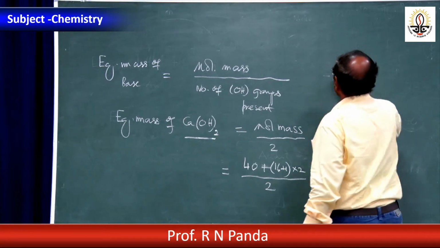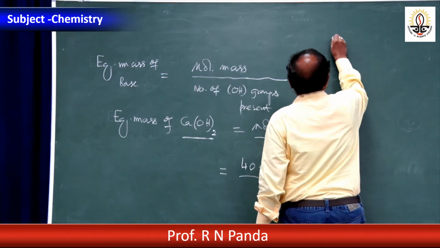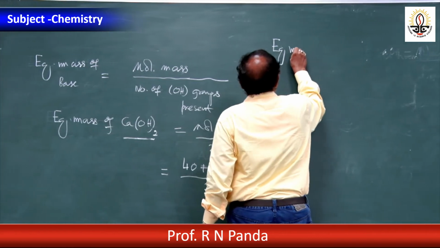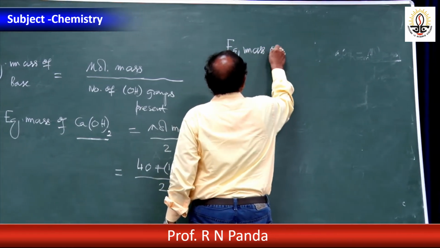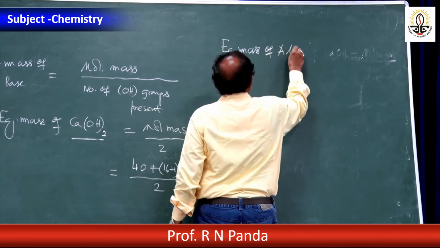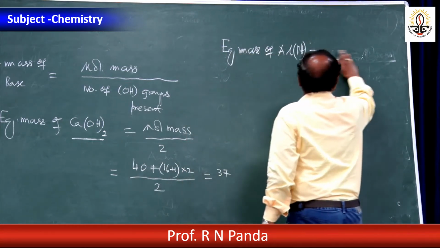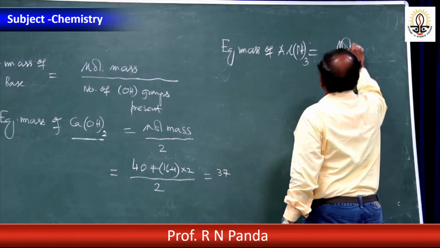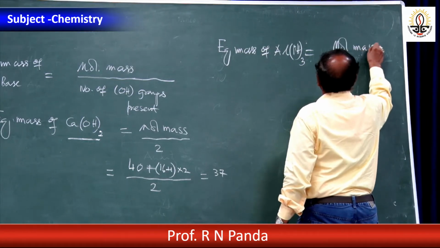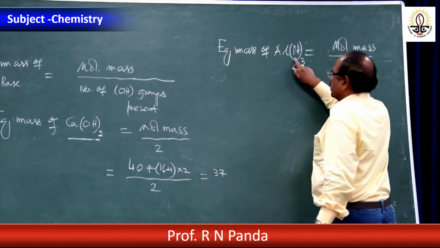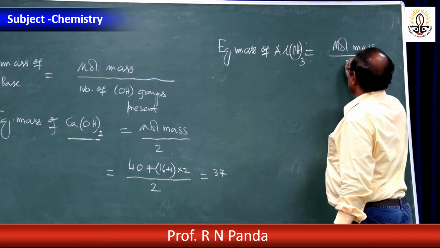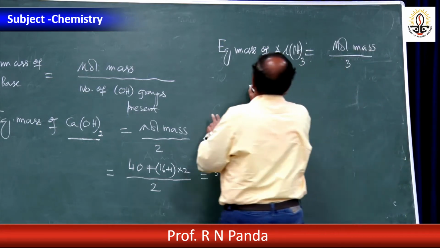So if you come to equivalent mass of aluminum hydroxide, what will it be? Molecular mass divided by the number of replaceable OH groups. How many are here? 3 OH groups are here. So molecular mass by 3.